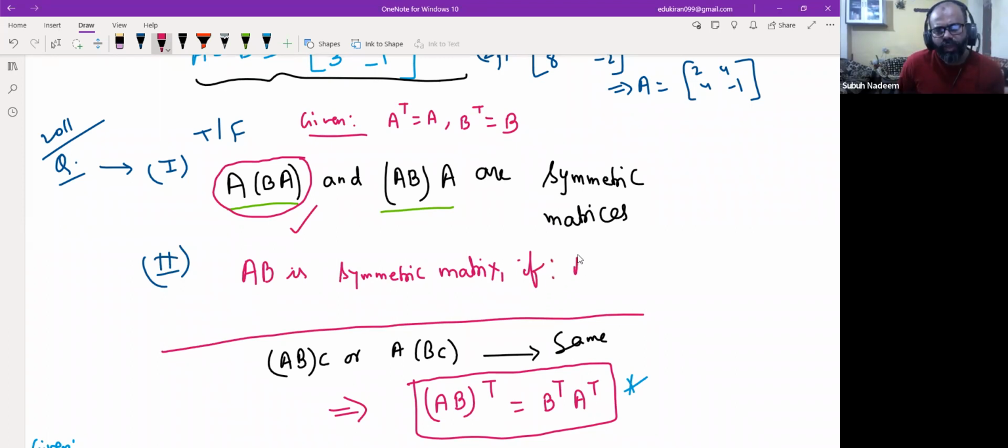In short, if AB is equal to BA. Commutative means AB is equal to BA. Multiplication is commutative means this. So in general, AB is not equal to BA. Okay, this you remember. In general, it is not. But in some cases, it may be possible. So here it is saying that AB is a symmetric matrix if AB equal to BA. Is this a true statement or not?